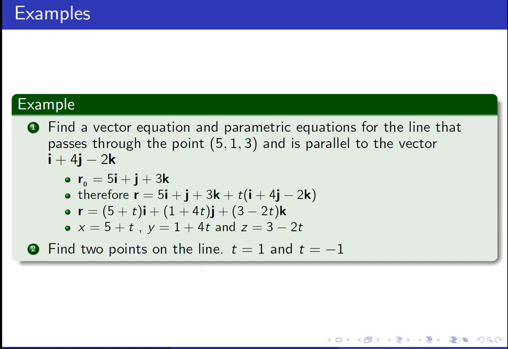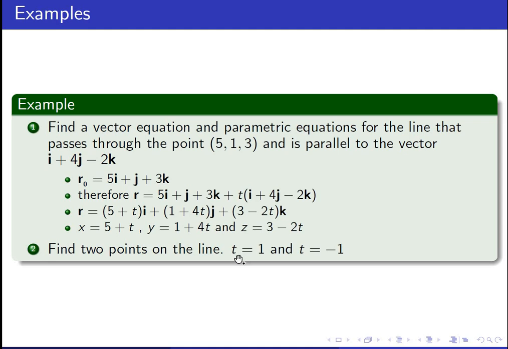Now in number 2, they say find two points on the line where t is equal to 1 and t is equal to -1. In this case, we are given the value of t. Once we are given the value of t, we can just substitute it into our vector equation or parametric equations.